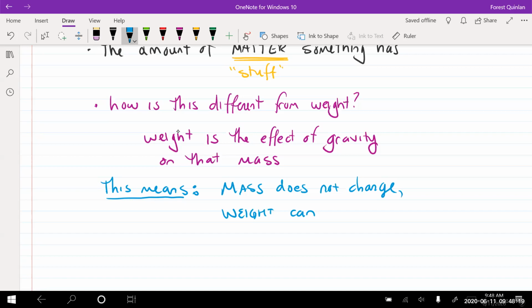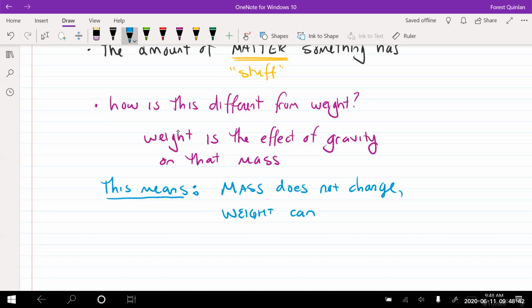Did I shrink in size? Did I otherwise change who I am? No. In fact, if I go to space, do I weigh anything? No. I don't weigh anything. So do I cease to exist? Weight is the effect of the gravity pulling on all the stuff that is you.